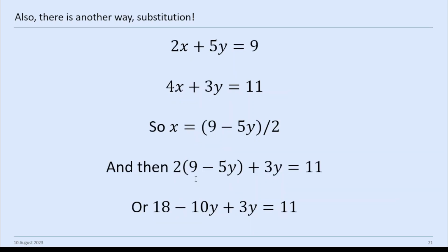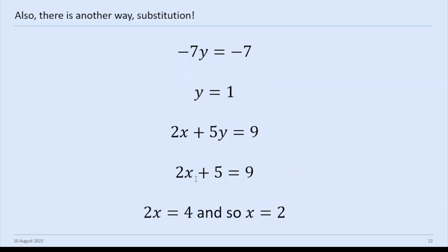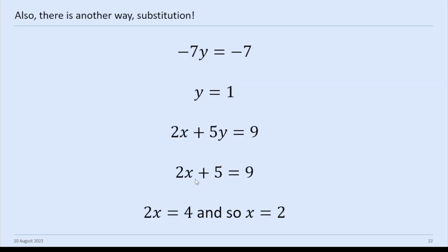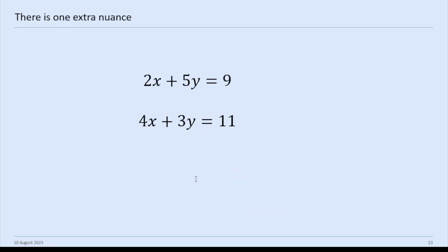So if you take 18 from both sides and then you do minus 10y plus 3y, what you get is minus 7y equals minus 7, so y equals 1. If y equals 1, then you've got 2x plus 5y equals 9, which means 2x plus 5 equals 9, which means 2x equals 4, which means x equals 2. Same answer as we got before.